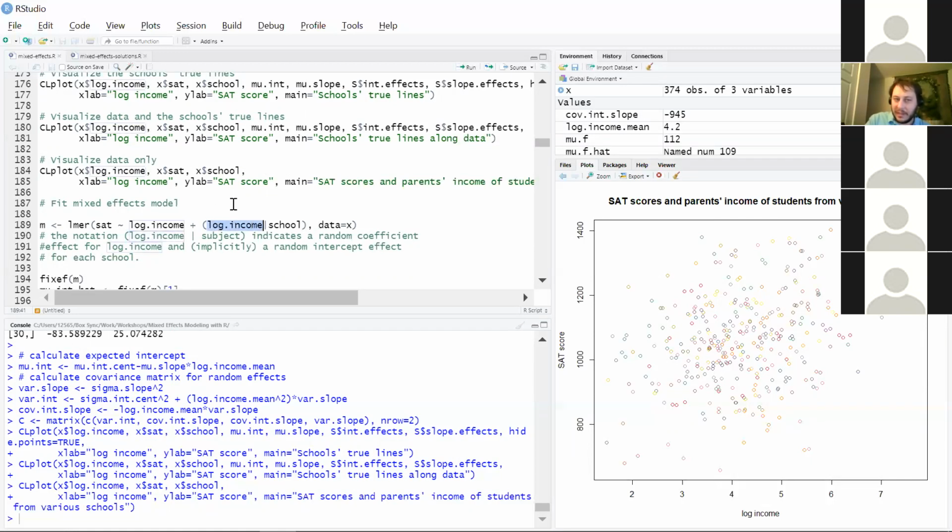Even in the random effects term you don't have to put 1, and it assumes 1. If you didn't want every school to get its own random intercept, you'd have to write -1. But every school gets its own random coefficient of log.income and coefficient of 1. The parentheses of log.income pipe school is how you specify that term in your formula.